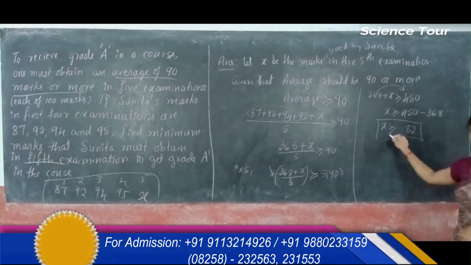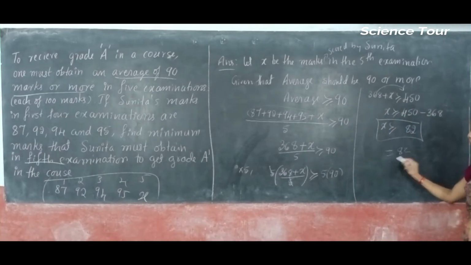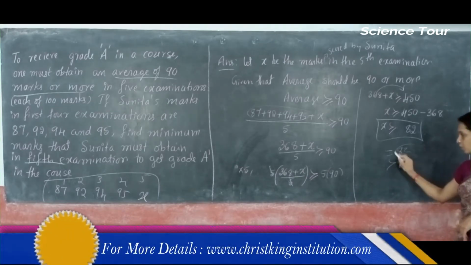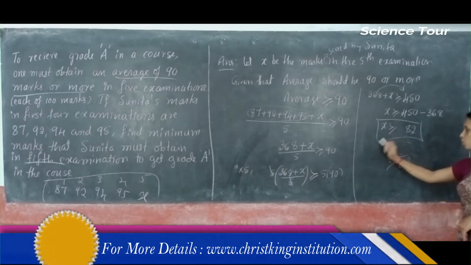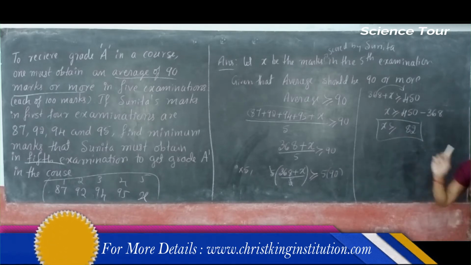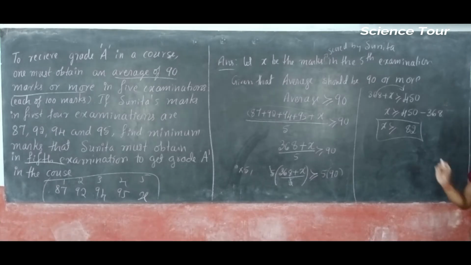or more than that. Okay, greater than or equal to means equal to 82 or greater than 82. So she has to get either equal to 82 or more than that. So the minimum marks she has to get in the 5th examination is how much? That is 82.